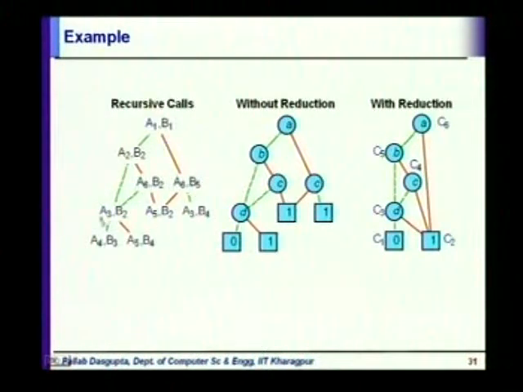So for example, for this, without reduction we might have a BDD like this, but then you see that for this one both the 0 and 1 edges are pointing at 1, so this node is going to be redundant, right. So if you remove this node, and merge these two nodes, then you get the reduced BDD, which is this, okay. And all the time while operations are performed, in sync with that the reductions will be applied.